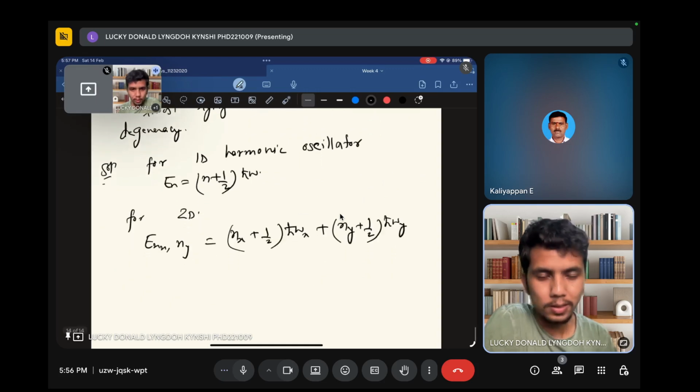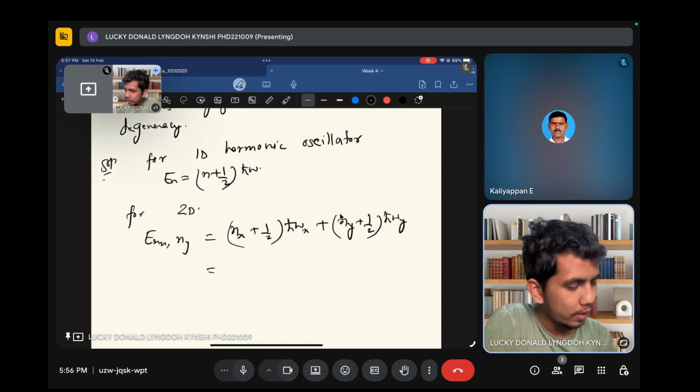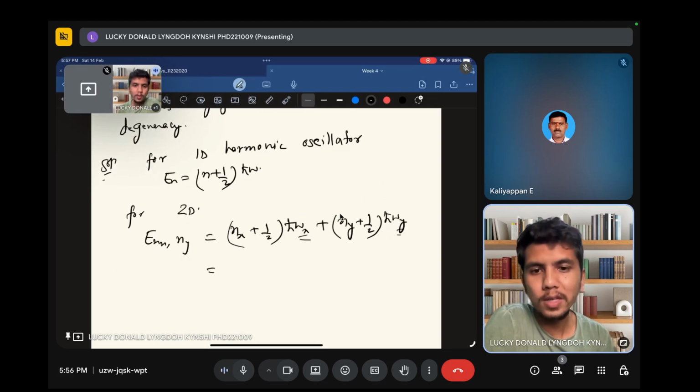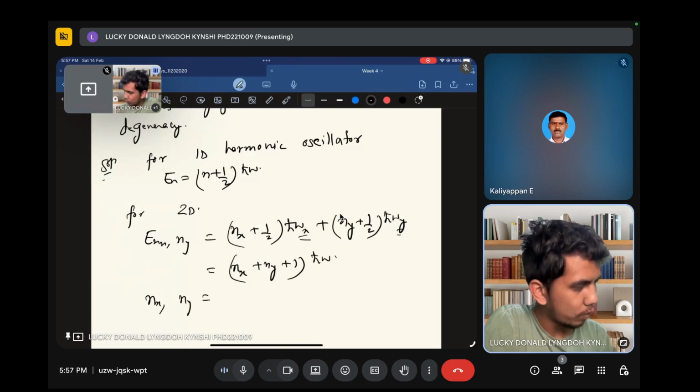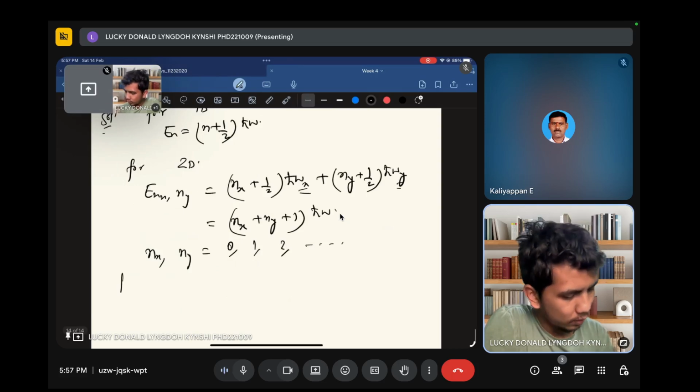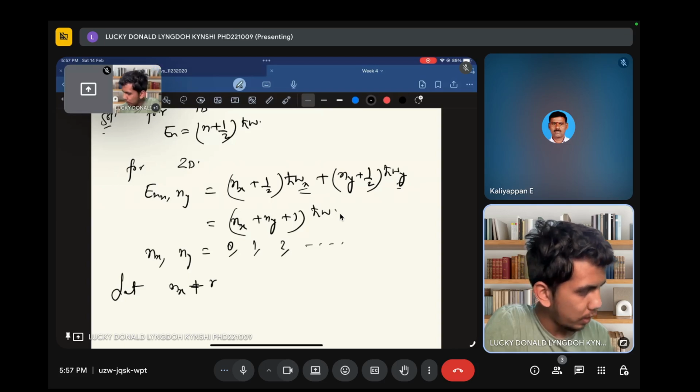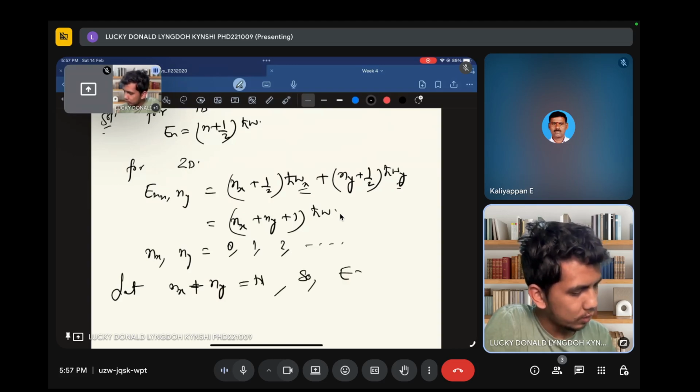Since it's isotropic, omega_x is equal to omega_y, so you can add both together: (nx + ny + 1) h cross omega, where nx, ny can go from 0, 1, 2 and so on. Let nx plus ny be simply n, so that the energy is (n + 1) h cross omega.